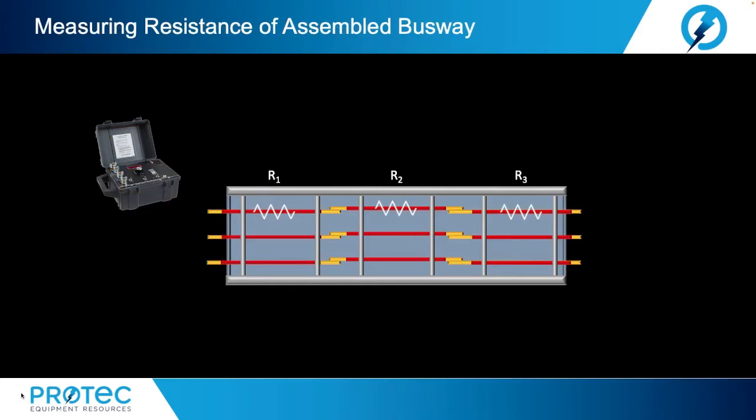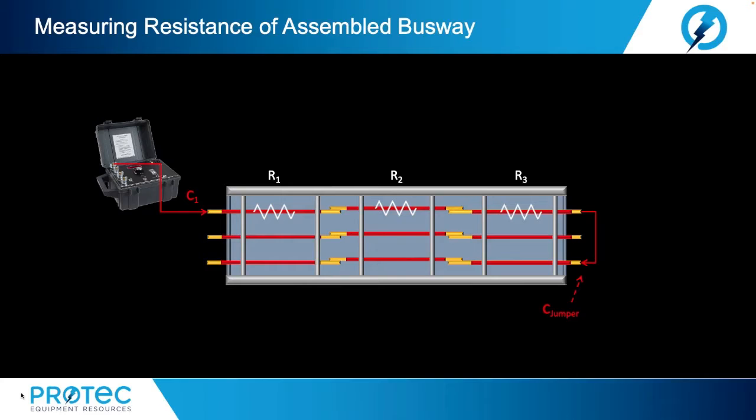Now, when we get long assembled busway, how do we hook up the micro-ohm meter? Well, here let's start with the current path. So we would take our C1 lead and connect it to one of the bus bars. Now that current is going to travel through bus segment 1, through bus segment 2, through bus segment 3. But how do we bring it back to the test set?